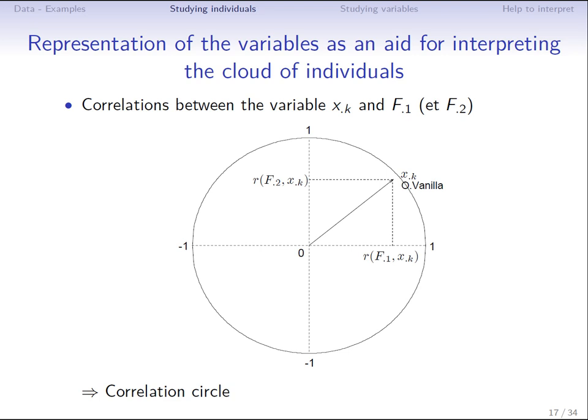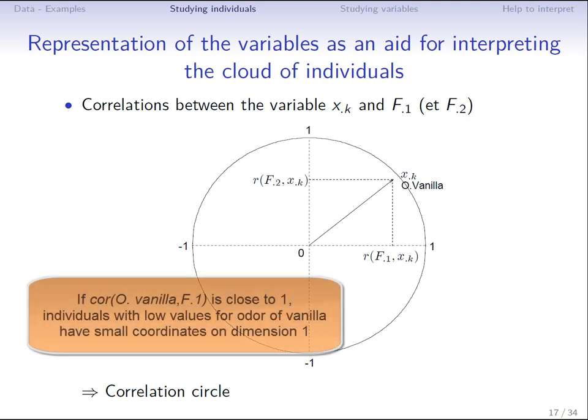Thus, in order to interpret the graph of the individuals, I will calculate the correlation between the variable, that is to say, odor of vanilla, and dimension 1. So I calculated the correlation between odor of vanilla and dimension 1, and I calculated the correlation between odor of vanilla and dimension 2. And if odor of vanilla is very linked to dimension 1, it means that the values for odor of vanilla are related to the coordinates on the first dimension.